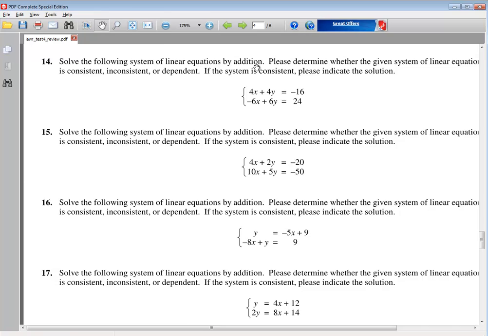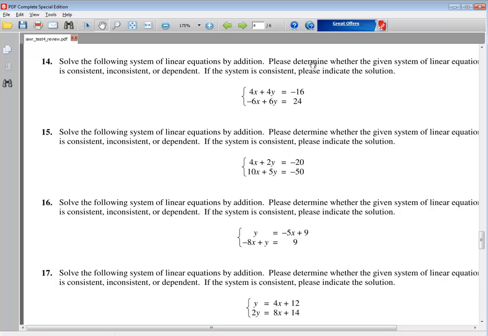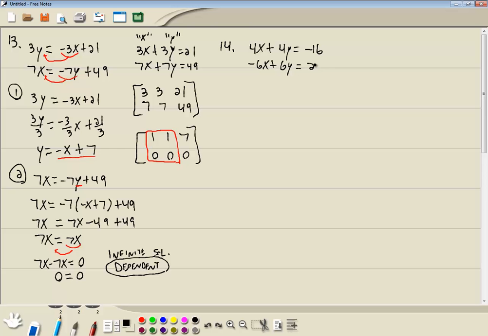And negative 6x plus 6y is equal to 24. Well, we need to eliminate one of the variables. I might as well eliminate the x's because they're already different signs. It doesn't matter. You could eliminate the y's.